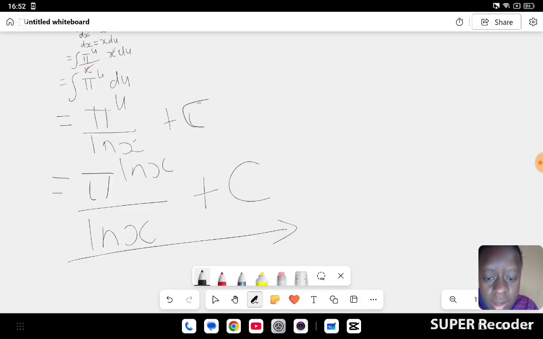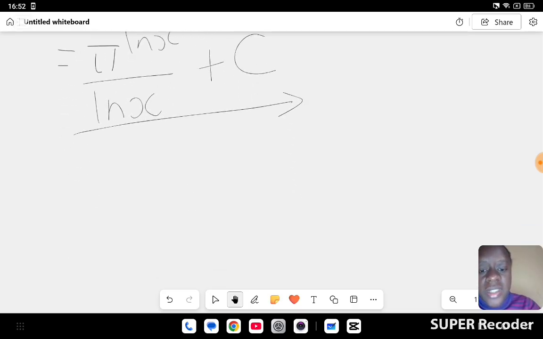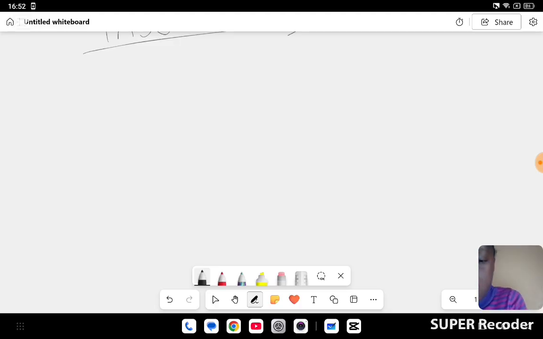This is our final answer. So I'm going to leave you with an activity that you have to do to show that you have understood the integration.